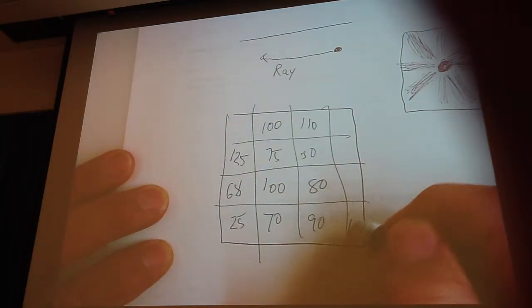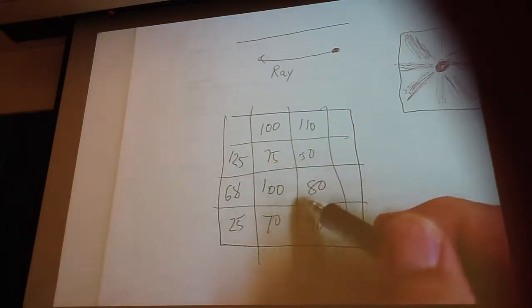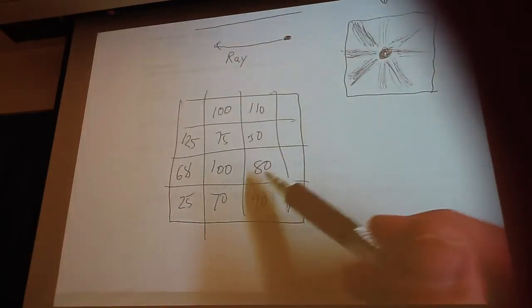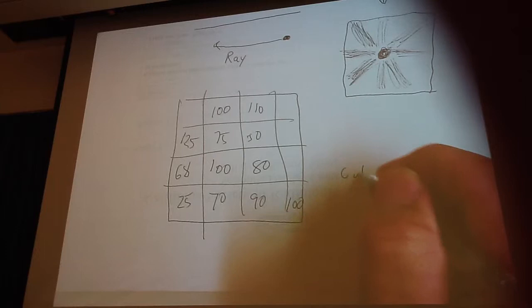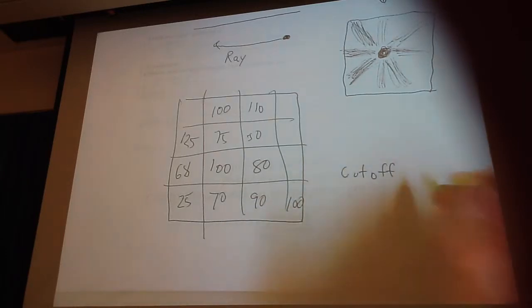So let's just say this is an image, it has all these different numbers in here, and we're going to select a cutoff of 0.25.